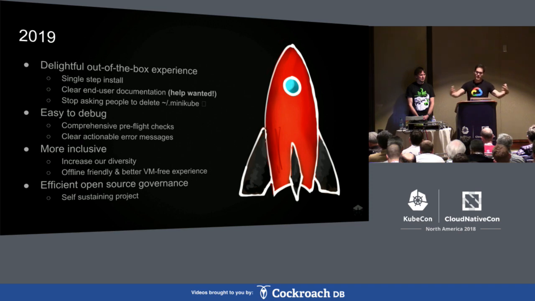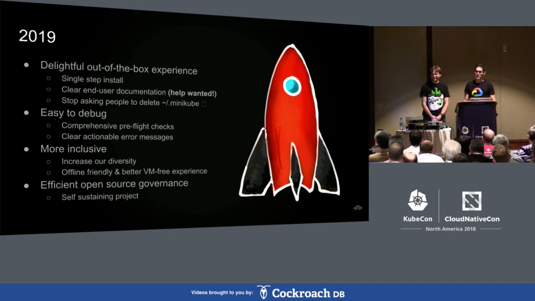We want to increase the circle of maintainers, get more people involved, more companies involved, so that the project itself is self-sustaining and can run long. We strongly believe that MiniCube is an important piece of the puzzle in the ecosystem, and it should stay free and live long and prosper. So we want to invest in a better governance structure around it.